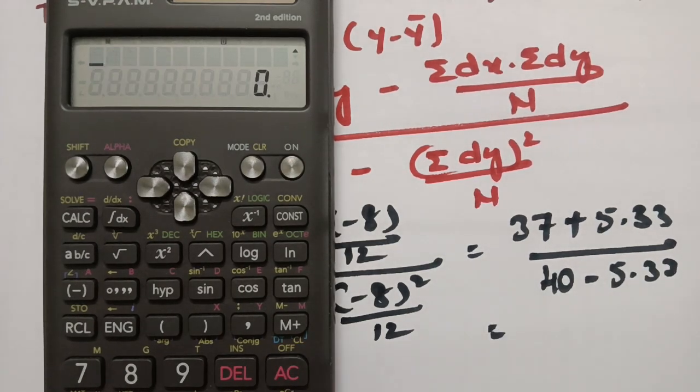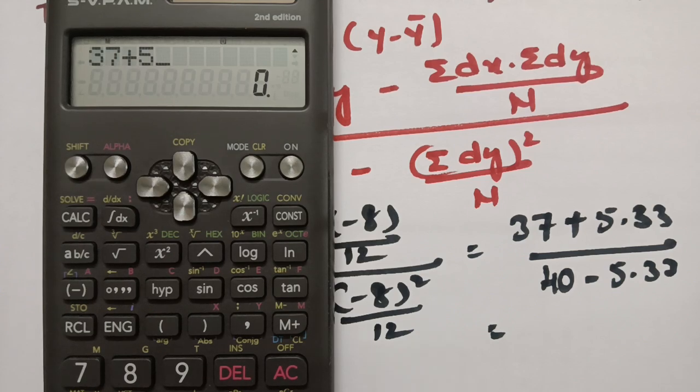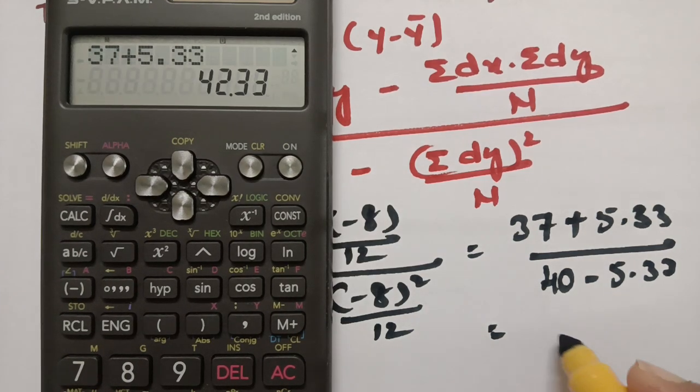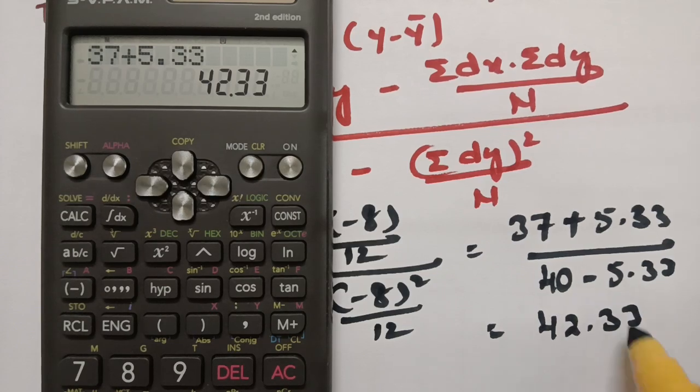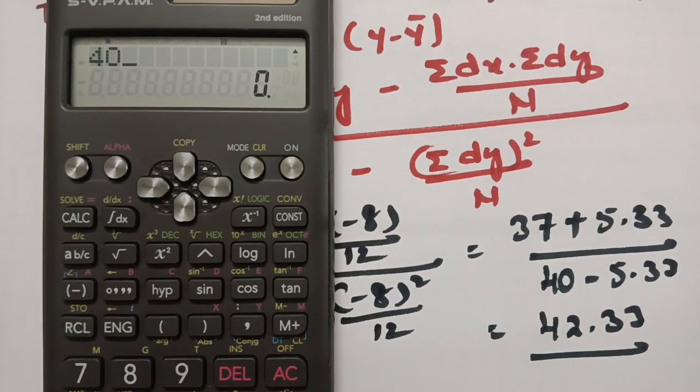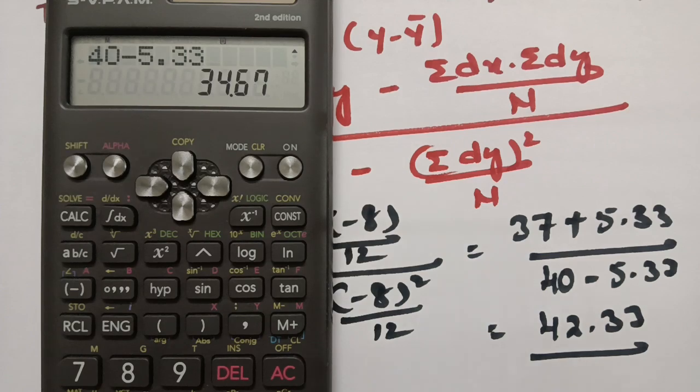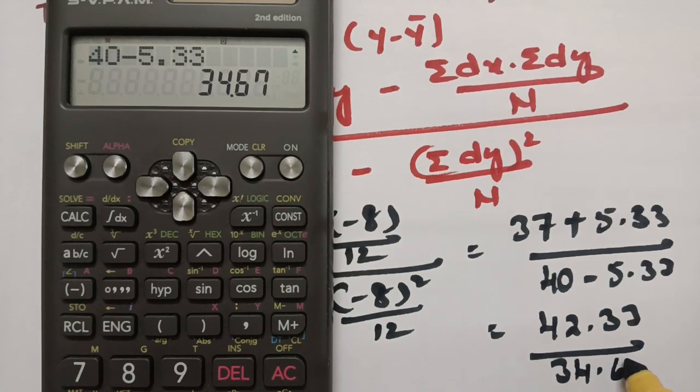As you can see, this is 37 plus 5.33. The value here is 42.33 divided by 40 minus 5.33. The value here is 34.67.